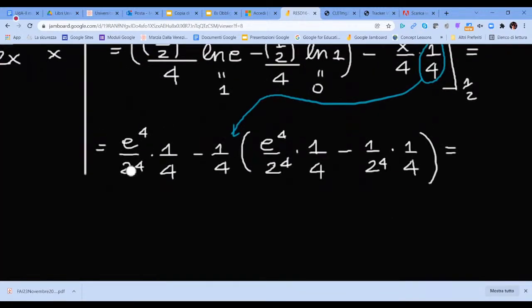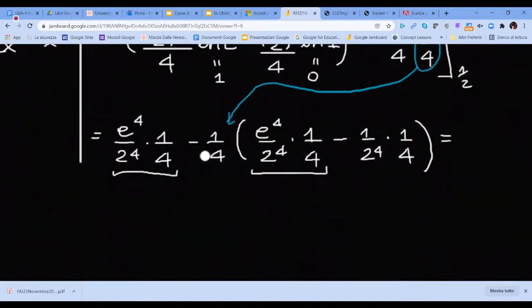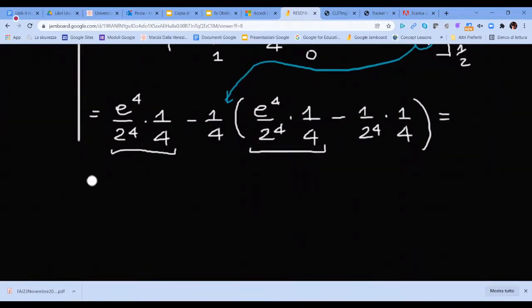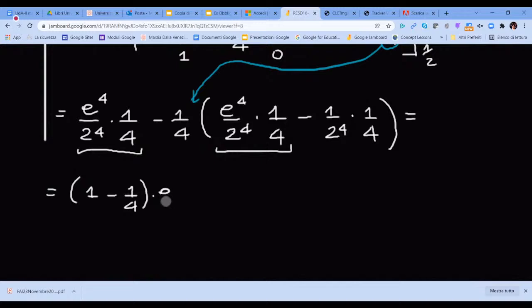So what do we have? We have the very same expression there and there inside. So it is 1 times this expression minus 1/4 the same expression. It is 1 minus 1/4 times e to the fourth divided by 2 to the fourth times 1/4.